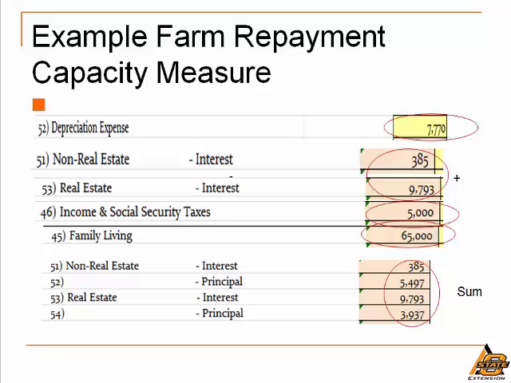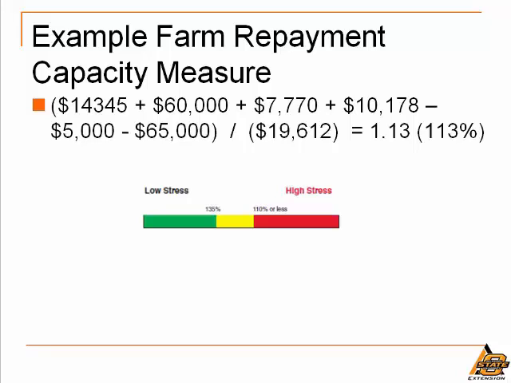These values come from the cash flow as well. In our example case farm, the result of this calculation is 1.13 or 113%. This tells us the farm family basically has about a 13% projected cushion with regard to their ability to meet term debt payment obligations for the following year.